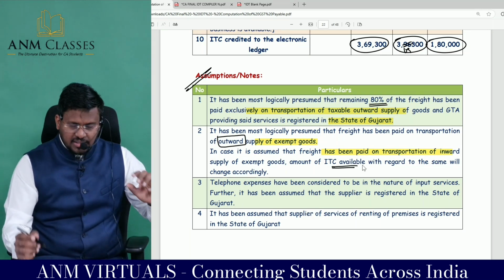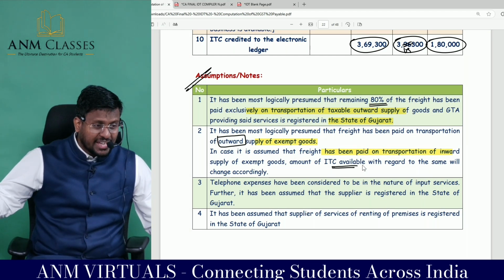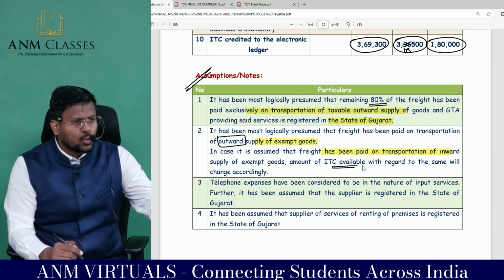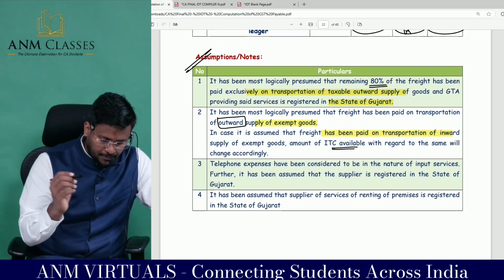That means, sir, if the amount of ITC paid is on inward exempt supply, it is not entitled for ITC. For outward, exempted category, GST is paid.